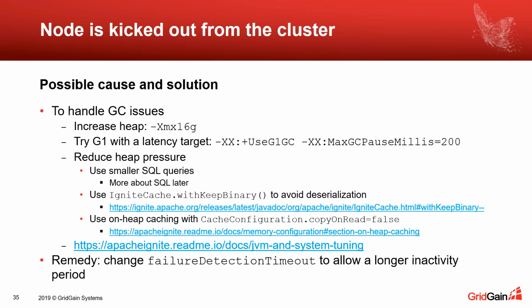You can use the withKeepBinary method if you use the Java API to access Ignite caches, and withKeepBinary will help you to avoid deserialization. And finally, there is the option of on-heap cache that you could use. It is important to use it with the copyOnRead property set to false.